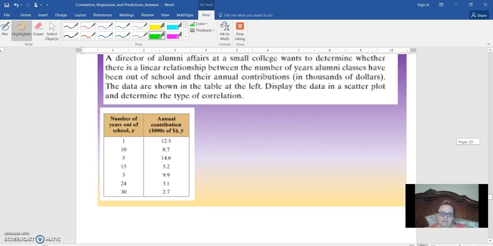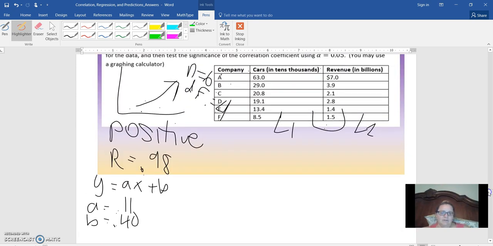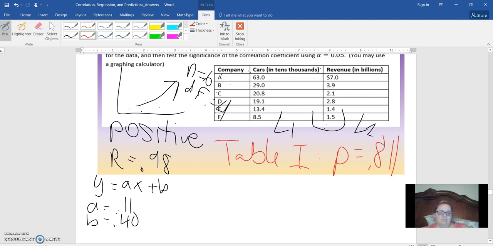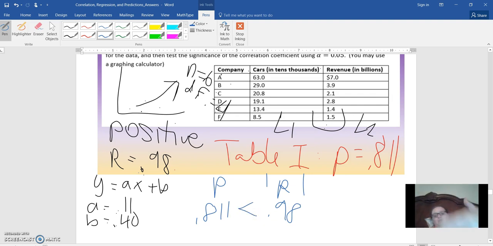All right, so the critical r from Table I is 0.811. My r was 0.98. We need to compare the critical value and the absolute value of r. The critical value was 0.811. The absolute value of 0.98 is 0.98, and that one's bigger. And so when it's greater than the critical value, we reject the null hypothesis.